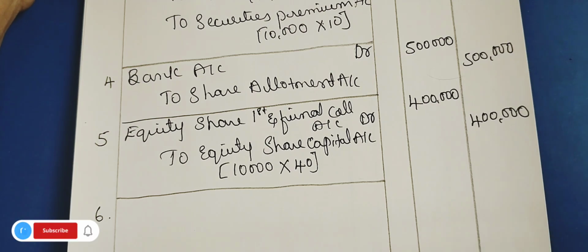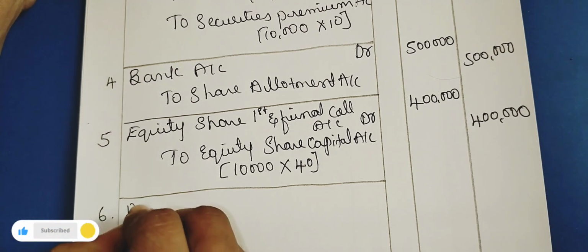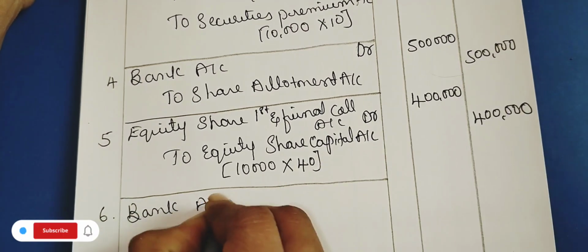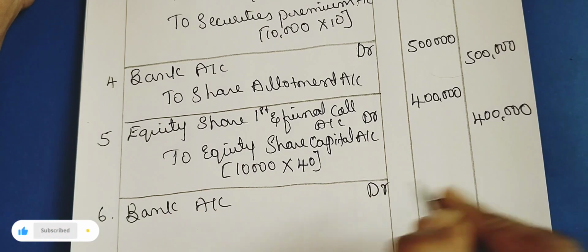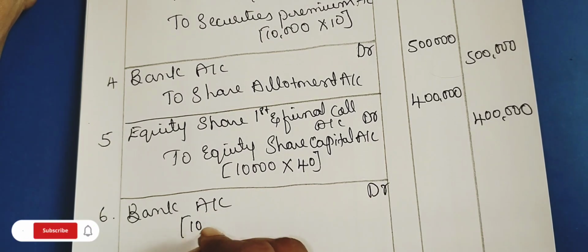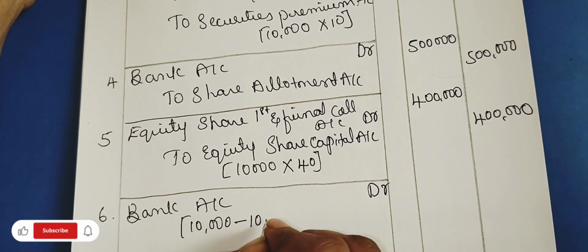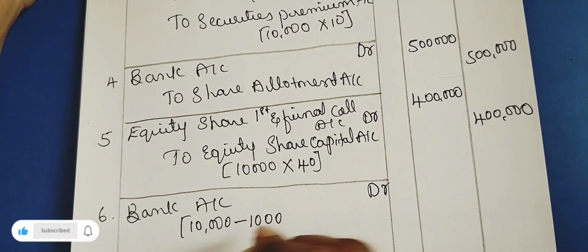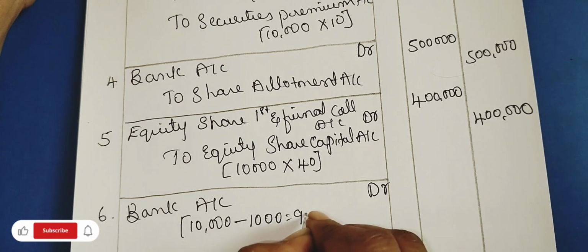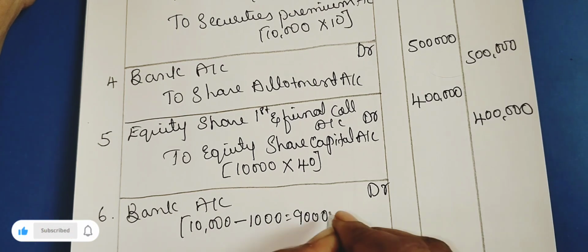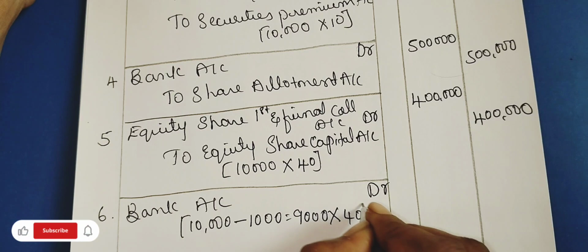No, you can't. So what you need to do is bank account debtor. Out of 10,000 shares which we have issued, we have not received money on 1,000 shares. On the remaining shares we have received money, into 40.